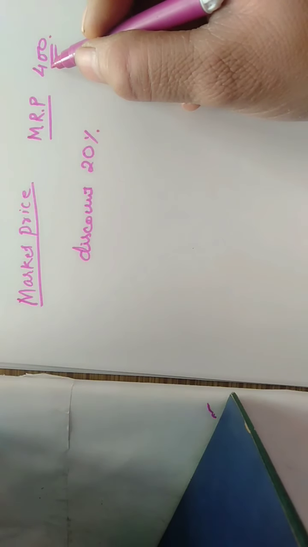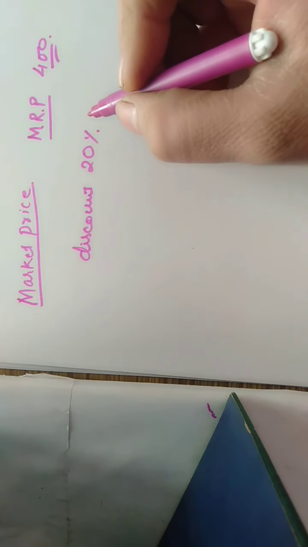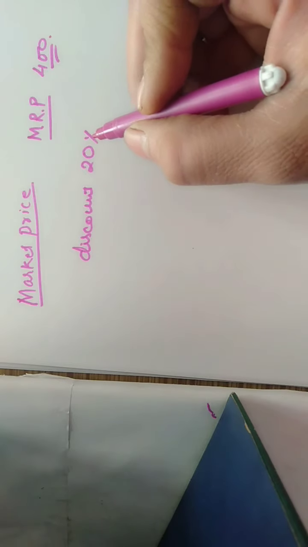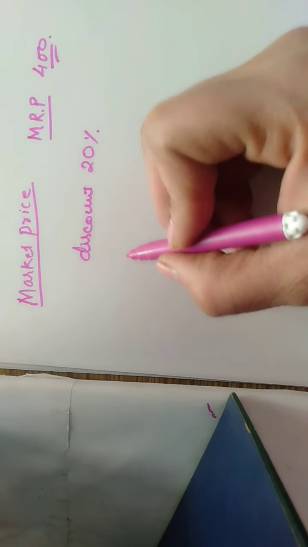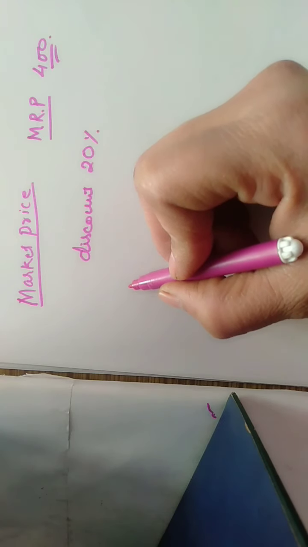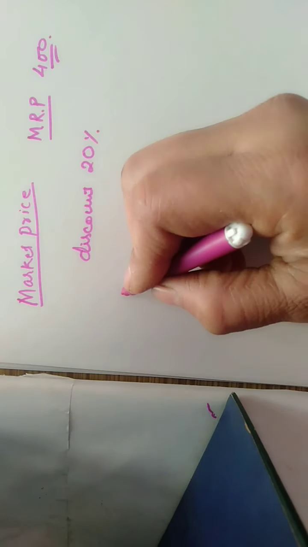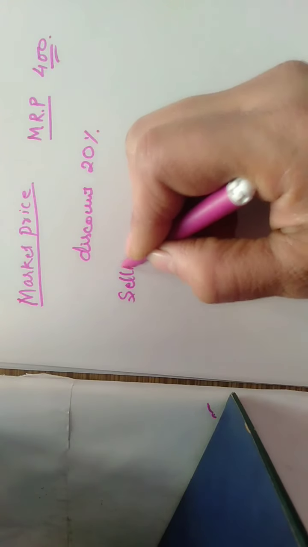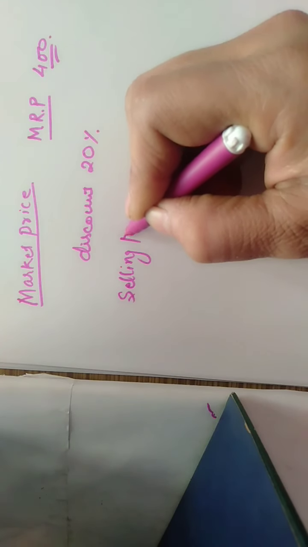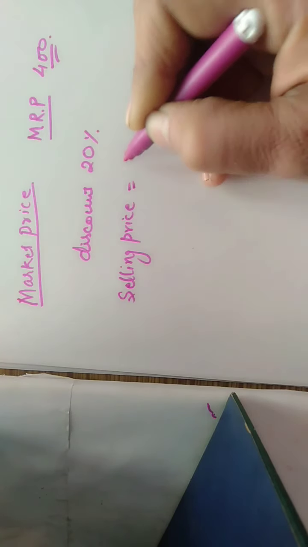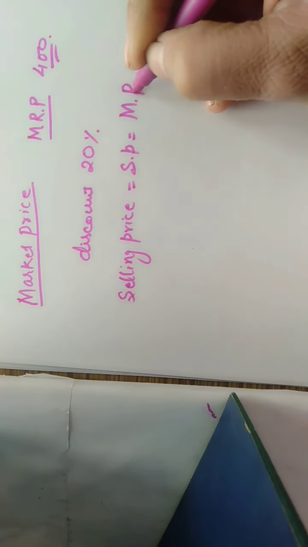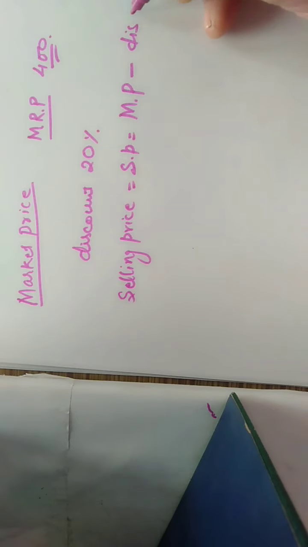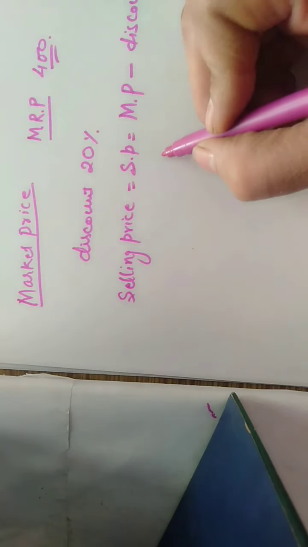For example, suppose the market price is 400 and a 20% discount is given. Then the price at which it will be sold is the selling price, and this selling price is the market price minus the discount.